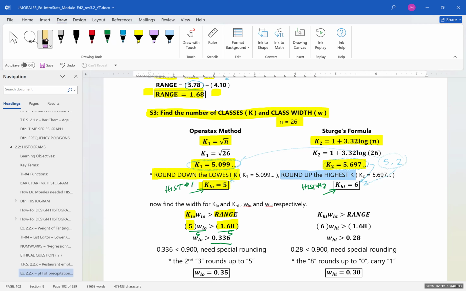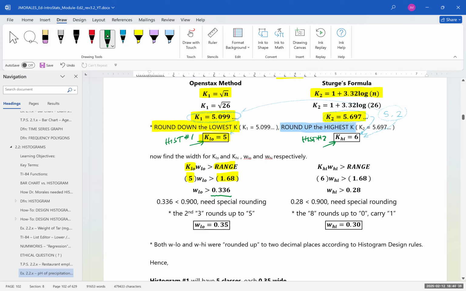All right, so notice what's going on here now. This value of W is less than 0.9, so we need special rounding. Because this value of W is less than 0.9, we need to think about our value of D, the maximum number of decimal places, which was 2. So we want to look at the second decimal place, second because D was equal to 2.